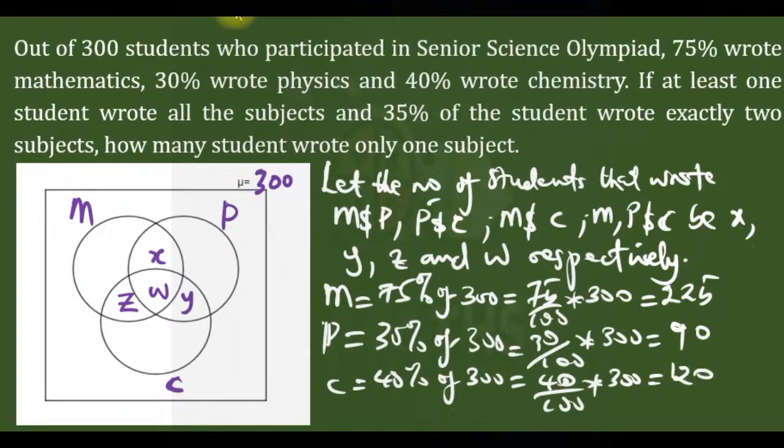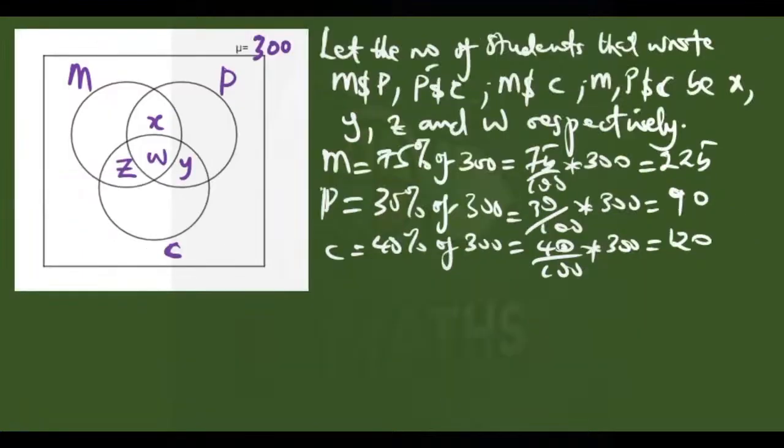Okay, let's move to another page so that we finish up. Okay, so meaning that, remember, this 225, 90 and 120, they are the numbers that wrote each subject. Total number for mathematics is 225. Total for physics is 90. While total for chemistry is 120.